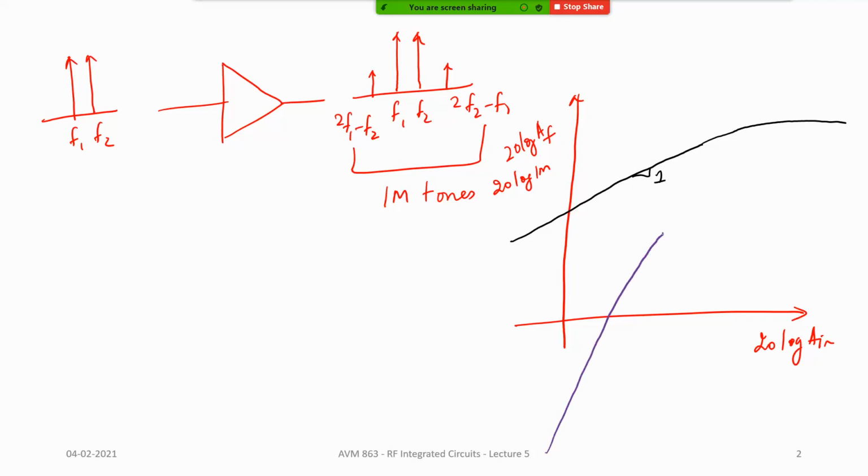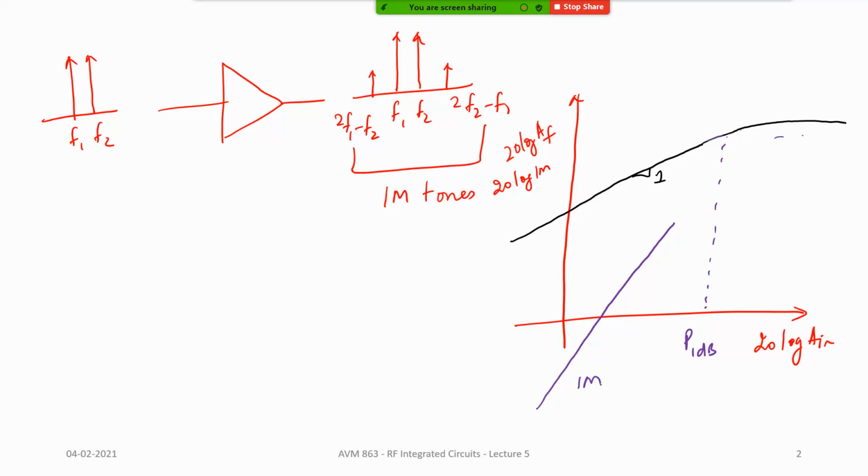If you keep measuring it, it will start saturating here as well. Your 1 dB compression point is going to be somewhere here. Let's say this is your P1dB, and this is your IM component.